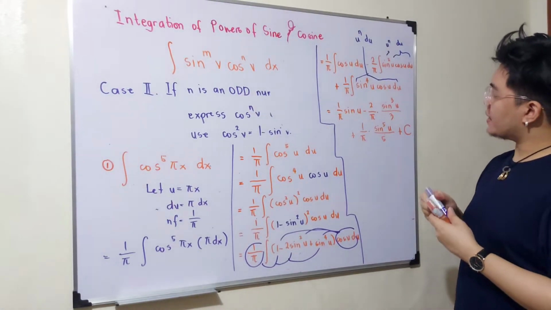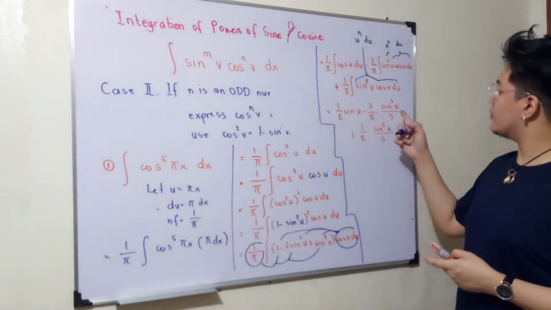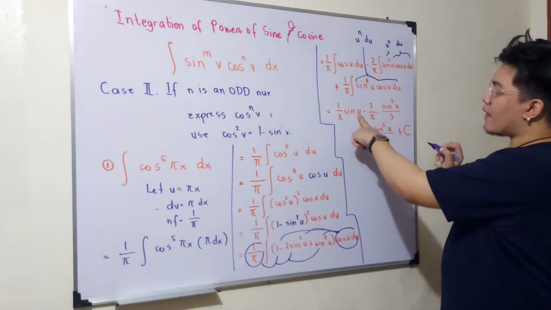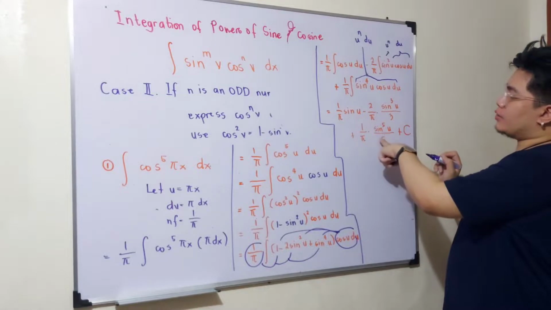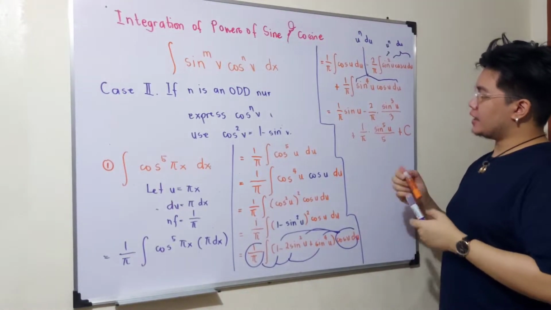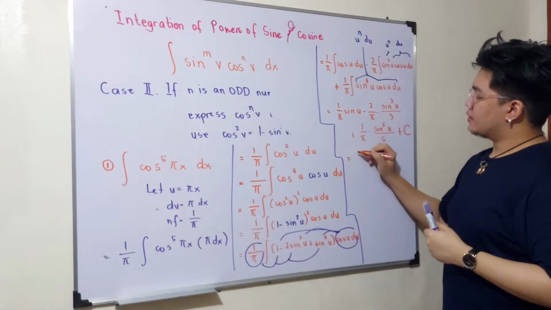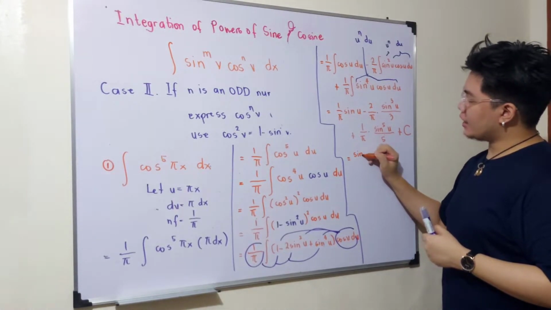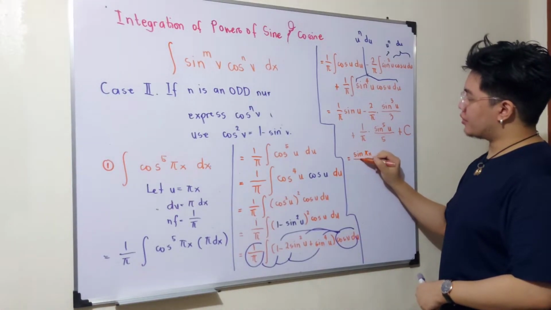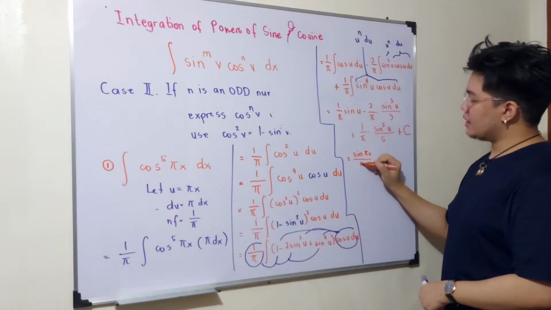So ang simplified answer, tapos ilagay natin yung u. So we have here, pwede rin tayo mag-factor out. So yung sine u pwede natin ilabas. So the answer is sine u, sine pi x over pi.